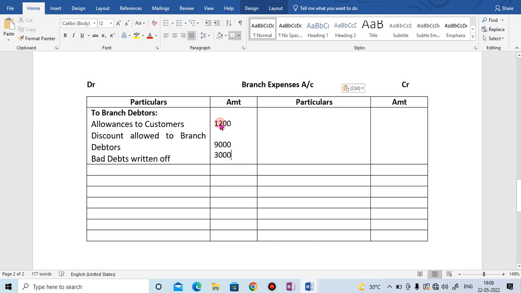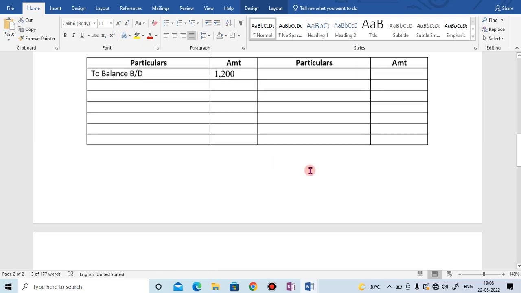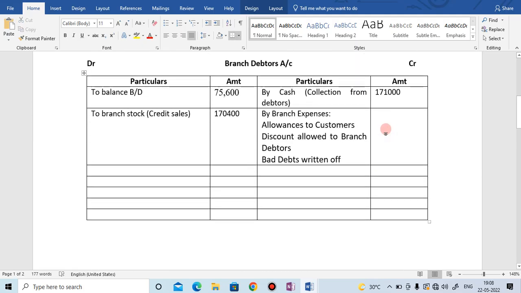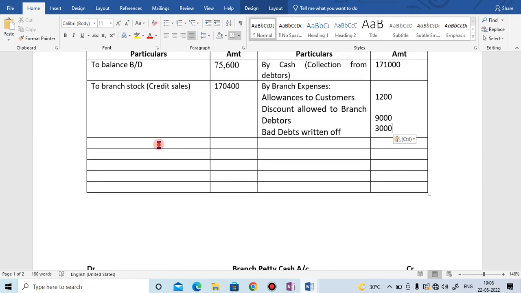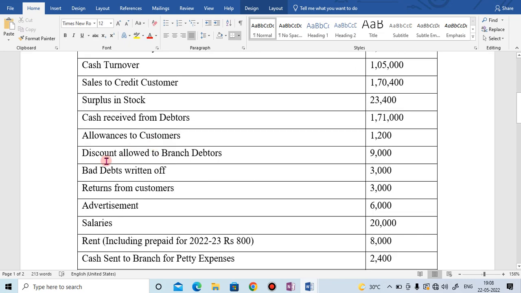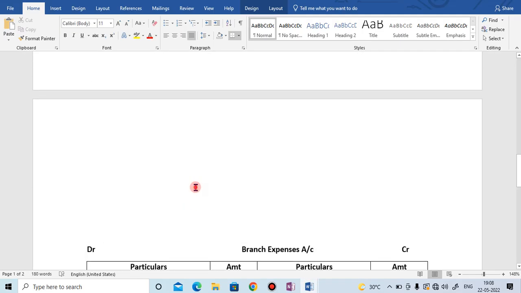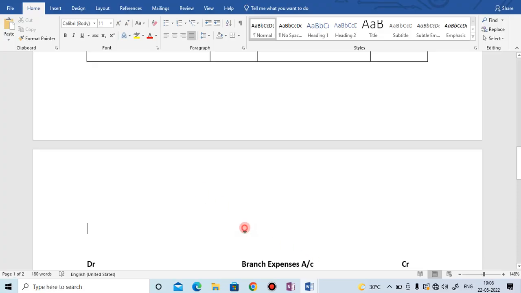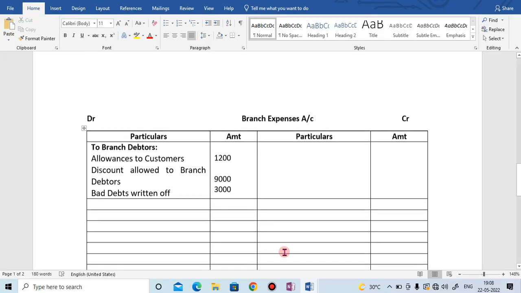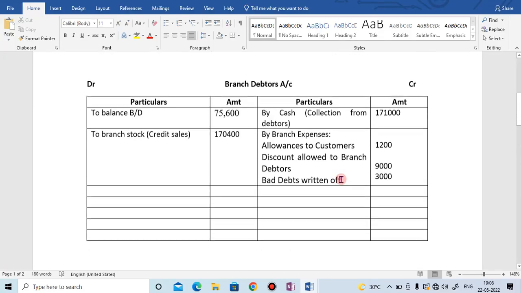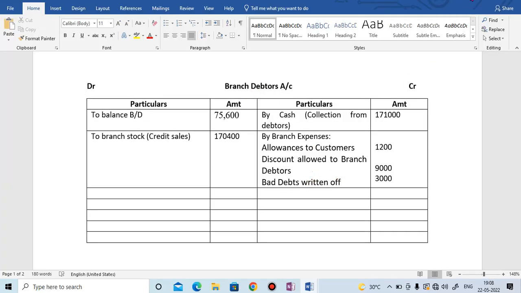Hope you have understood these entries of allowances to customer, discount allowed to branch debtors, and bad debts written off 3000. First, these are all expenses, that's why it is written in branch expenses account, and second effect in branch debtors account.